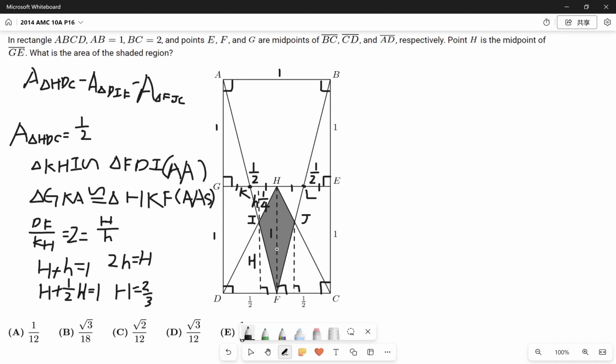Now similarly, on the other side, if you redo the same process, we have the altitude of triangle JFC. So big H is equal to 2/3.